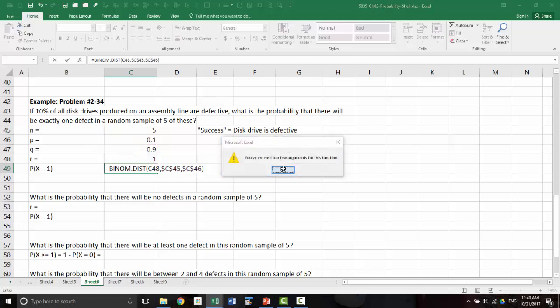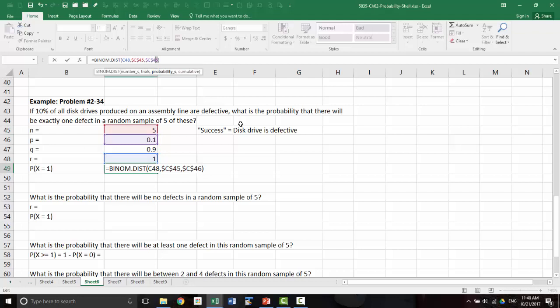I forgot to specify whether I need cumulative or individual. We want individual here. If I put cumulative, we would end up with the probability of x less than or equal to 1, which is the probability of x equal to 0 plus the probability of x equal to 1.